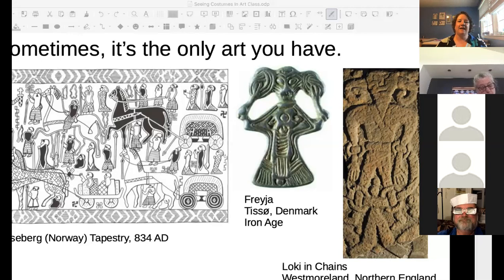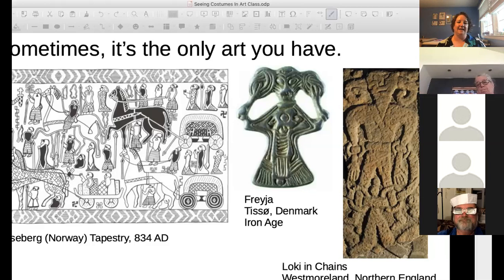And in the case of Valkyries, is this depicting a real human? Are you depicting a human wearing what a human would wear, or are you setting the Valkyries aside from humans because they are supernatural creatures?